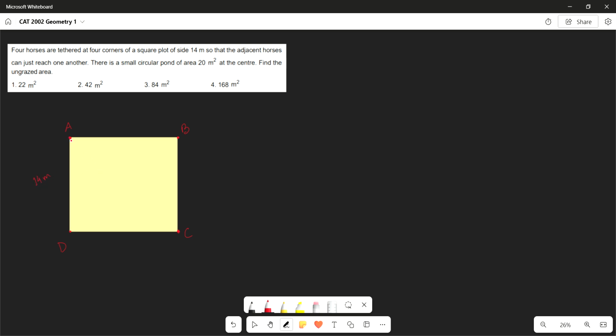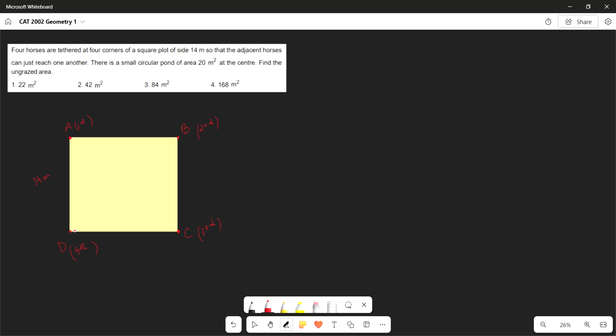Four horses are tethered at the four corners of the square. Now suppose the first horse is tied at corner A, second horse is here, third horse is here, and the fourth horse is tied at vertex D. Now I will give you the example of one horse and this will apply to all the four horses.